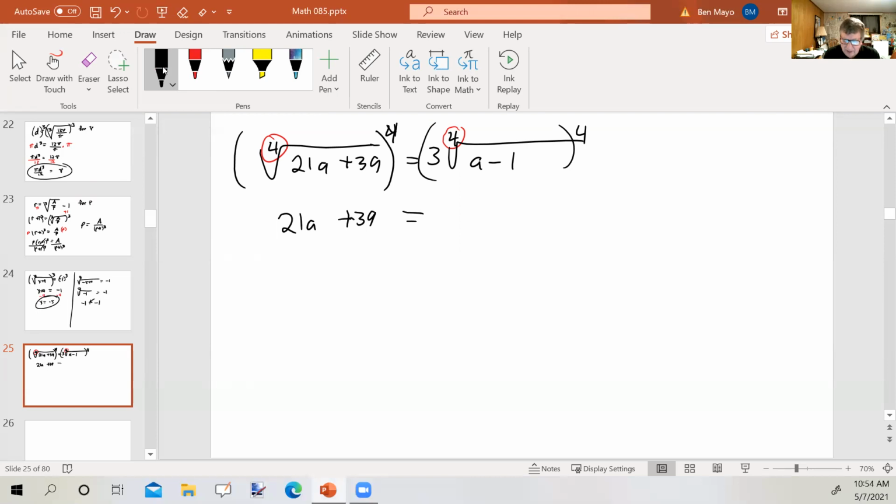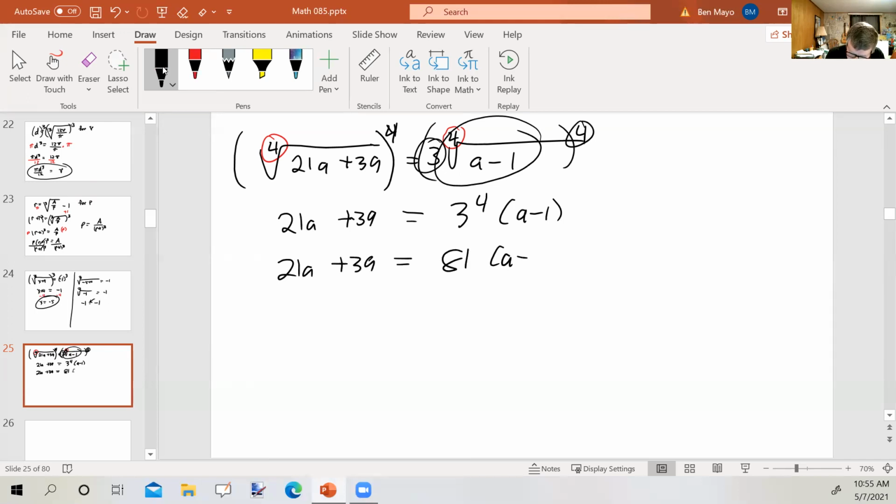But on the right side, we're going to have 3 to the 4th power and then a minus 1, because we're going to take the 4 and attach it to the 3 and attach it to the 4th root. So then I get 21a plus 39 equals 3 to the 4th, which is 81, times the quantity a minus 1. Distributing, 21a plus 39 equals 81a minus 81.